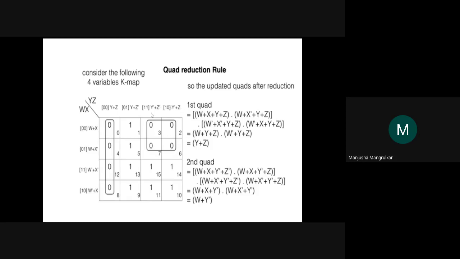So what is the term for these four zeros? It is w plus y complement. So you have to understand logically first. We should not take the change. We will take only the constant variable for pairing. It is the factor reduction rule, right? Now we will see examples, and at that time we will solve the problems also.